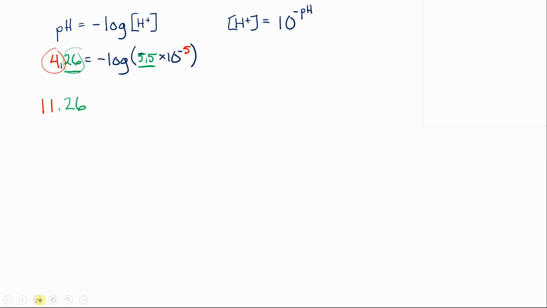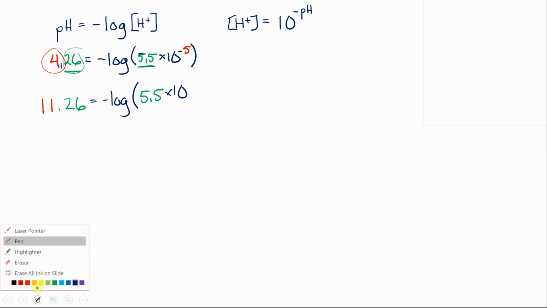If I have 11.26, that will be the negative log of, again, 5.5 times 10, in this case, to the negative 12. Sorry, wrong color.